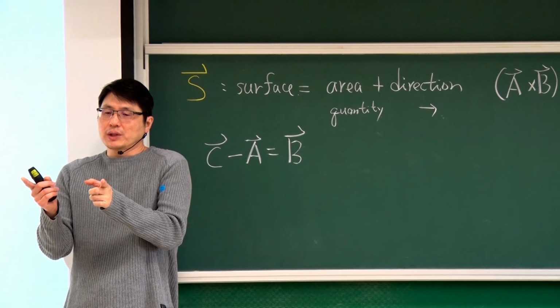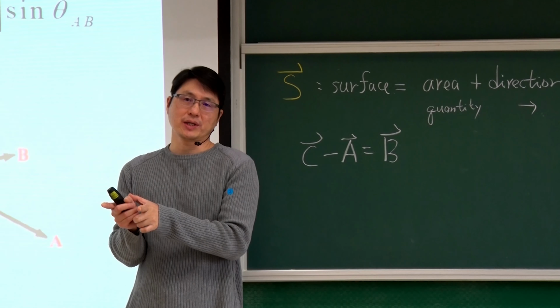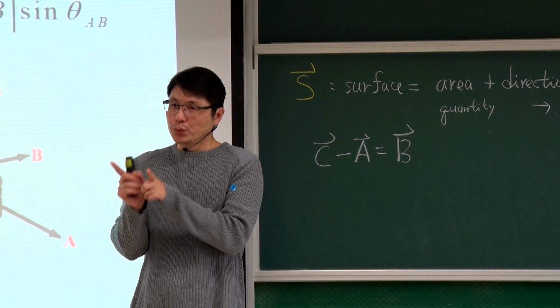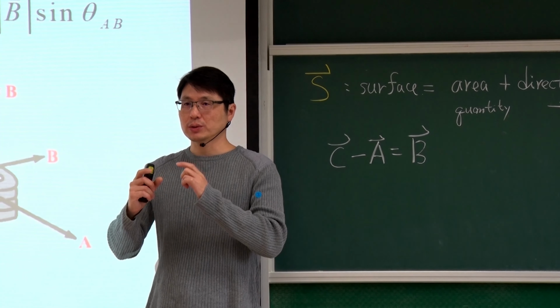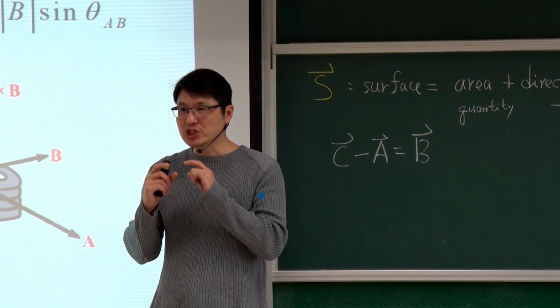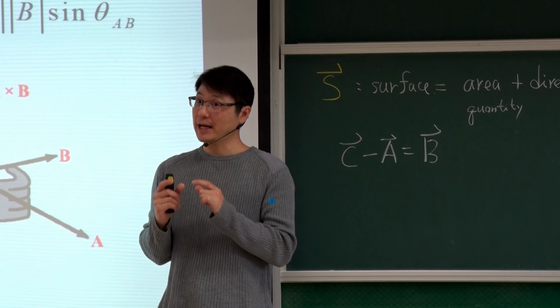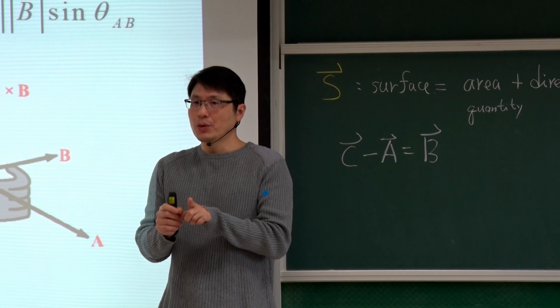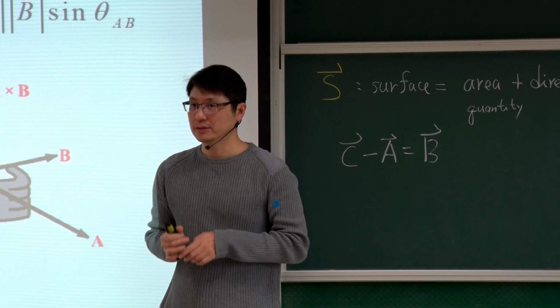So whenever you perform the cross product between two vectors, what you're really trying to do is define a surface encompassed by these two vectors, with the right direction.